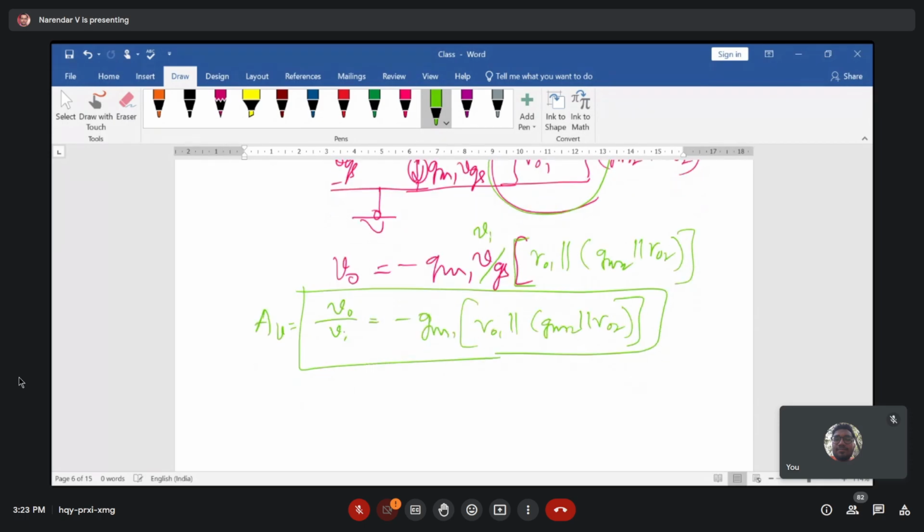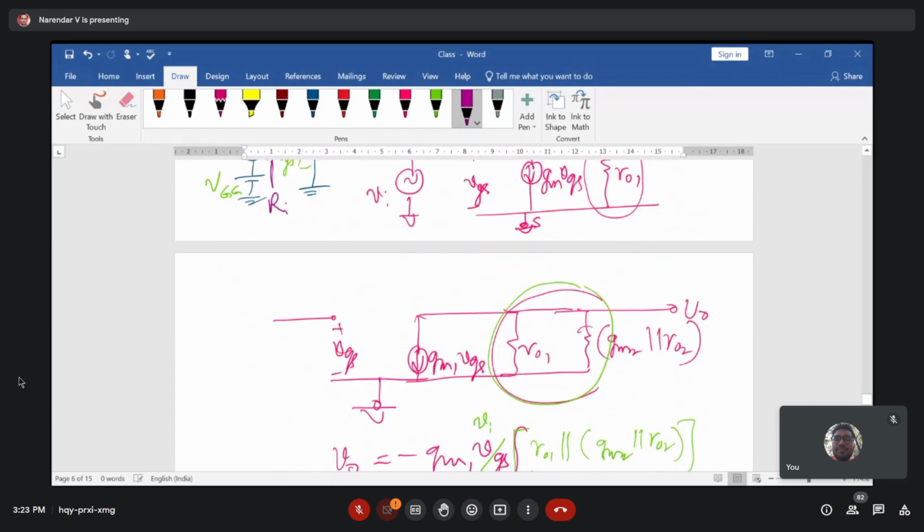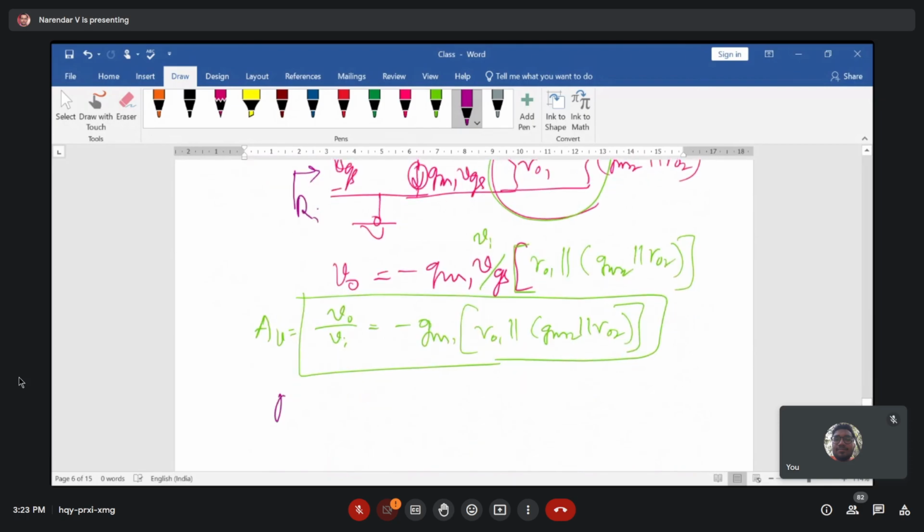Then we have to calculate RI also. So now you calculate the RI value, the input resistance at this position. When you talk about this RI, the gate to source current is 0, it is open circuited, so the RI value is going to be infinite.